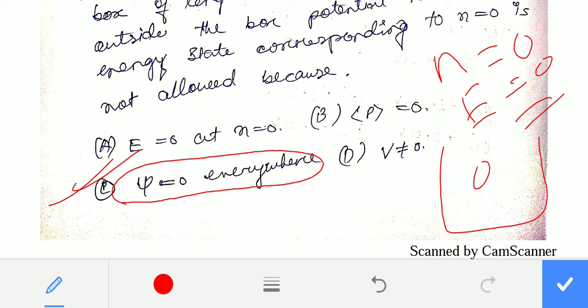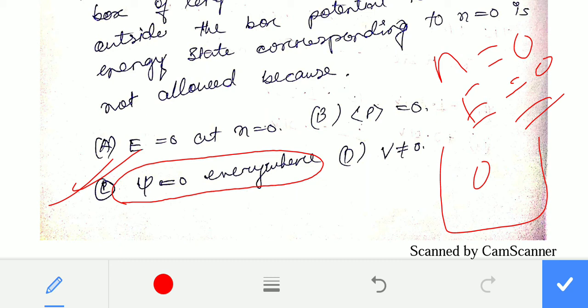If psi were 0, then its wave function would be 0, and that is not possible, because the wave function always signifies the particle's existence, right? So when psi is equal to 0, it can't be possible.